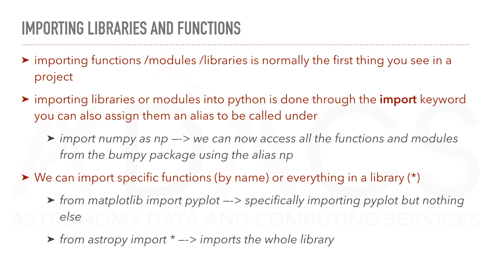We can specify multiple functions from a certain package. To load an entire library, in our example from astropy import star, the star stands for the entirety of this module. This can be computationally expensive, so stay away from this unless you really need to use it.